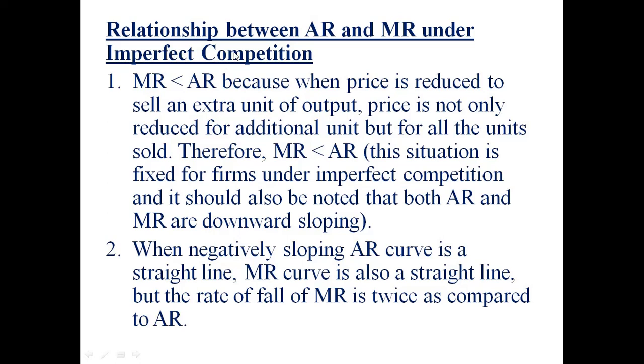Now what is the relationship between AR and MR under imperfect competition? Actually, point number one and point number two are similar to each other. This point number two just supports point number one. So let me start with point number one.